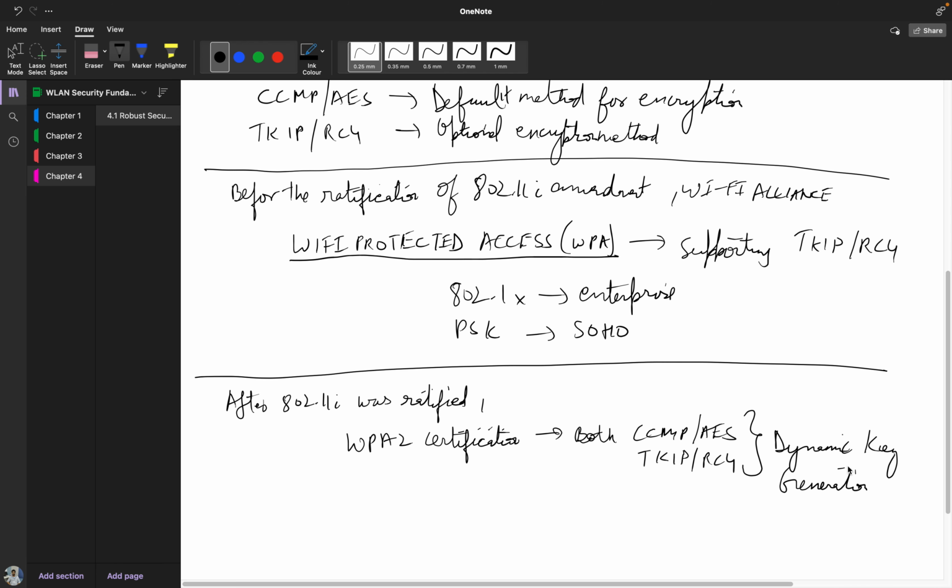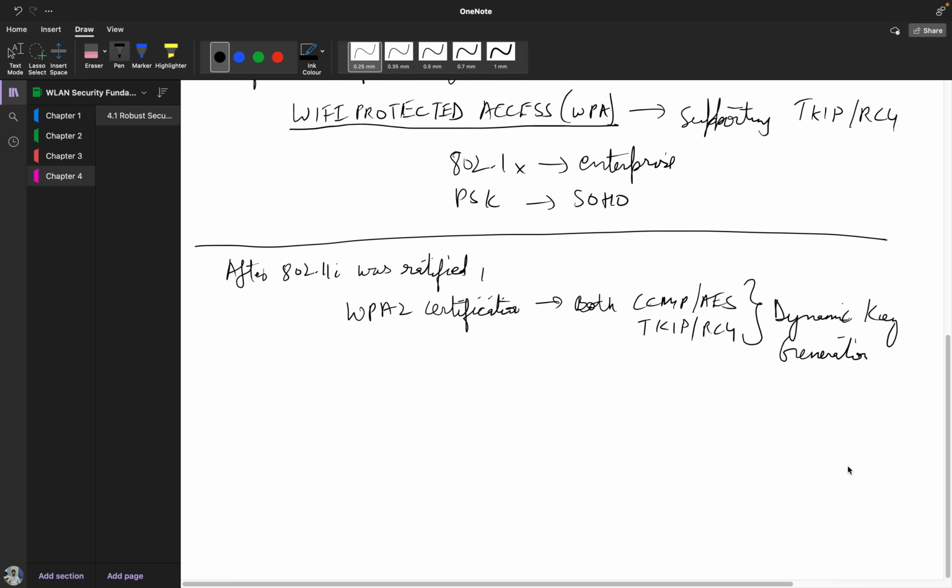Let me make it a little easier for you. In WPA, for home office, it is called WPA Personal. WPA Personal supported PSK, because it is for personal use, and supports TKIP encryption.